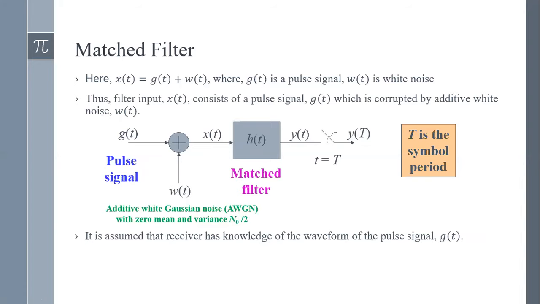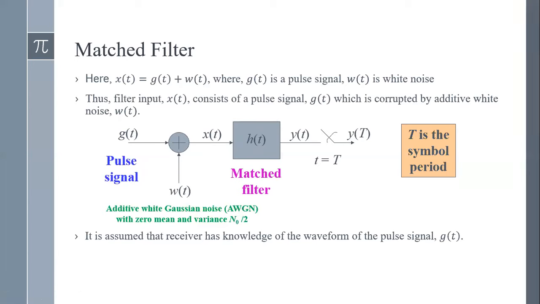Now, I am assuming that the receiver side has knowledge about the waveform. Knowledge about the waveform means it doesn't know which waveform has been sent, but it knows whether a square pulse, a rectangular pulse, or a triangular pulse will be sent. That means the pattern of the waveform.